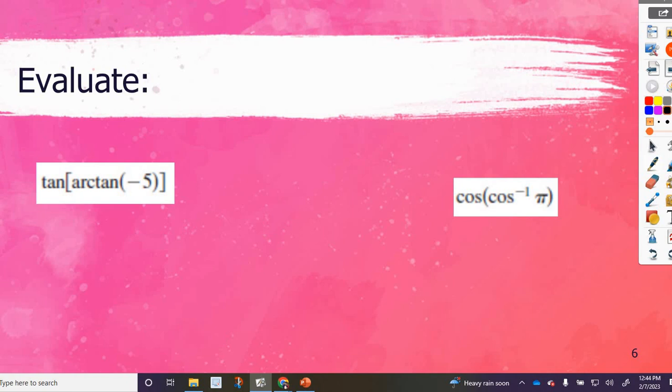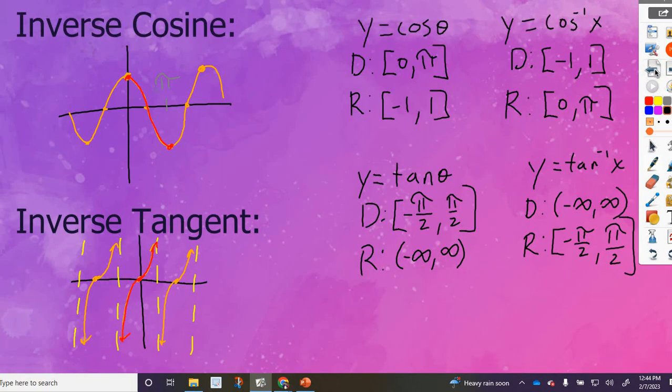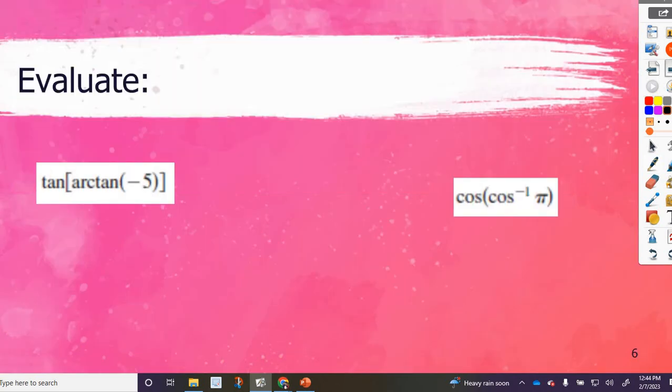You just have to make sure, what numbers are we allowed to plug in for arctangent? All real numbers. So is it okay that we have -5 there? Yeah, so we can just get out -5. Now, if it was arcsine, then we couldn't, because we can't take arcsine of -5.